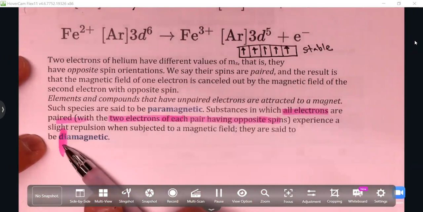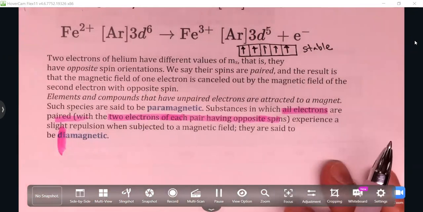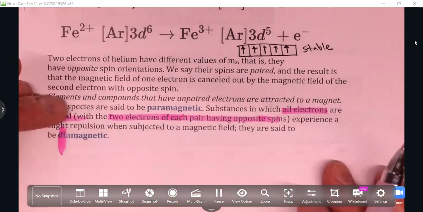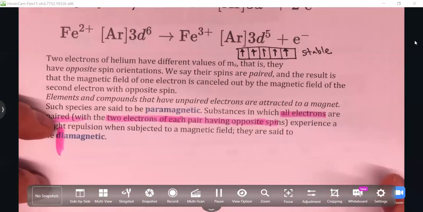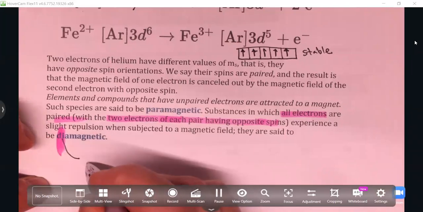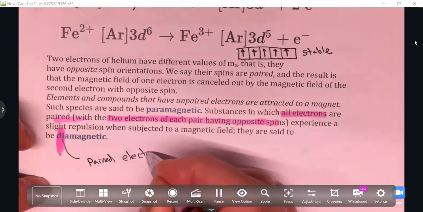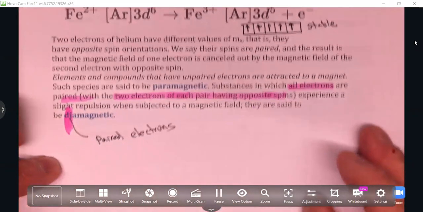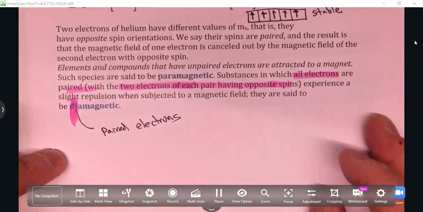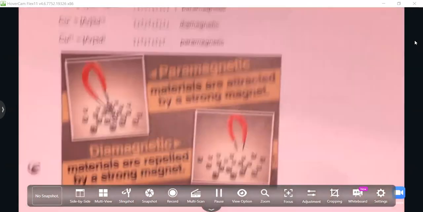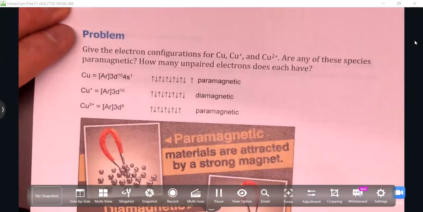Think of the diamagnetic that way. Paired electrons. So I'll do some stuff like this, I believe.